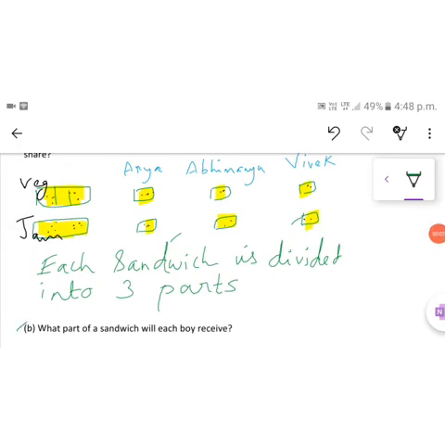B part. What part of sandwich will each boy receive? Each boy receives 2 by 6 of the sandwiches. So the total parts is 6. 1, 2, 3, 4, 5, 6. Each boy receives 2 by 6 of the sandwiches.